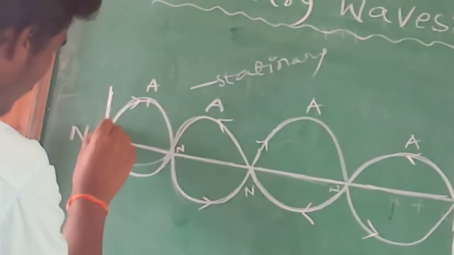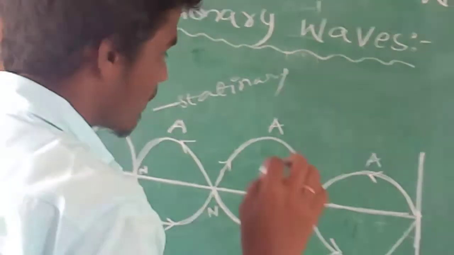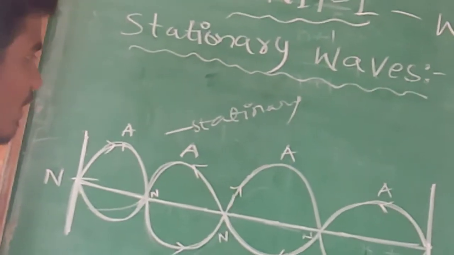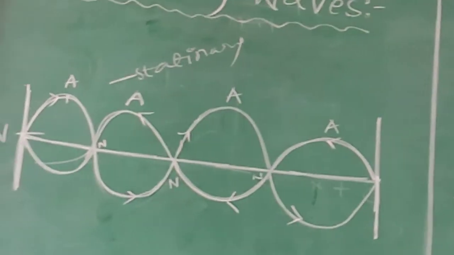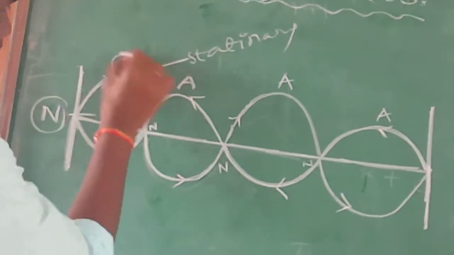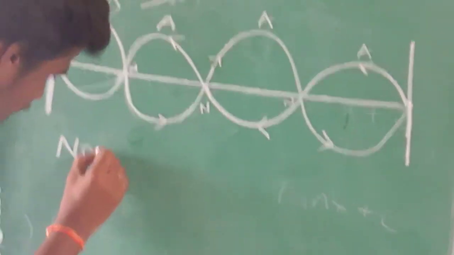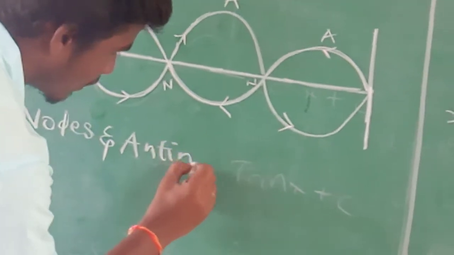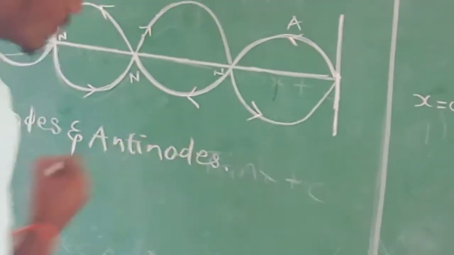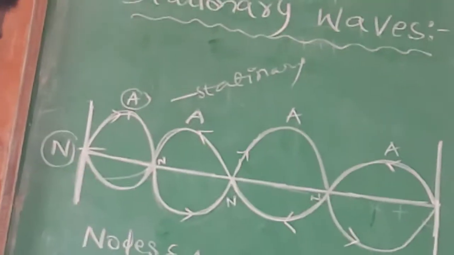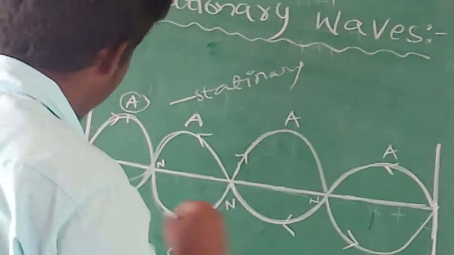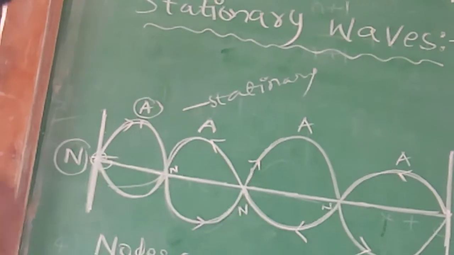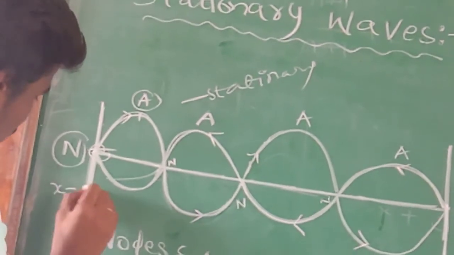In a stationary wave the energy is constant. During the formation of stationary waves, nodes and antinodes are formed. The displacement is least at the point x equal to 0.